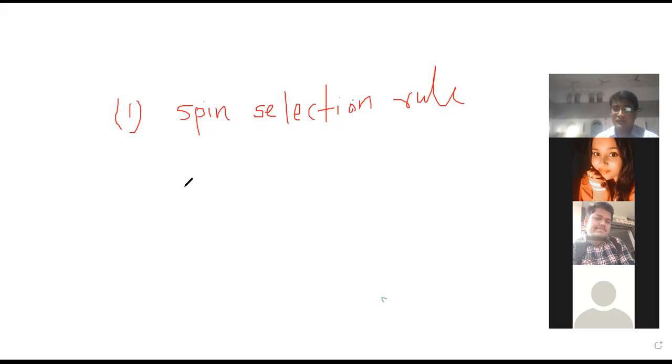Is that clear? What is the spin selection rule? The transition taking place between the states of different spin state is not allowed. It is a forbidden transition.